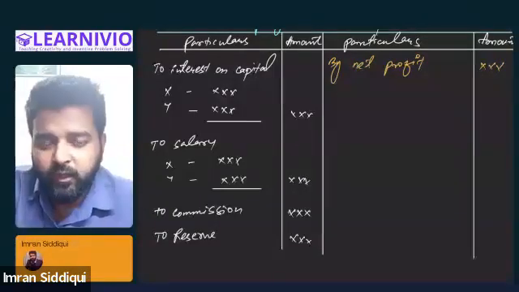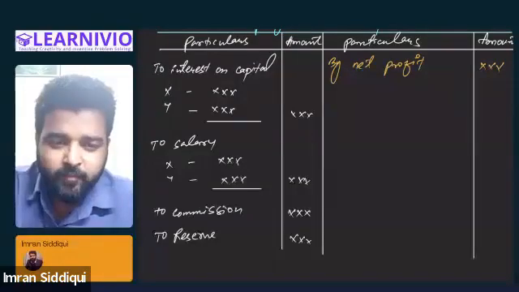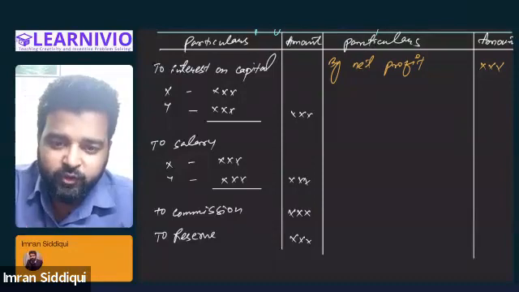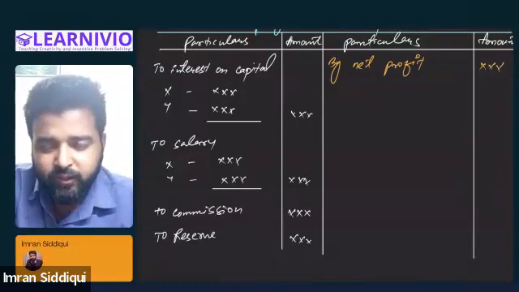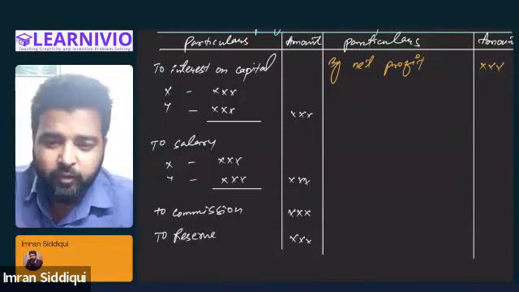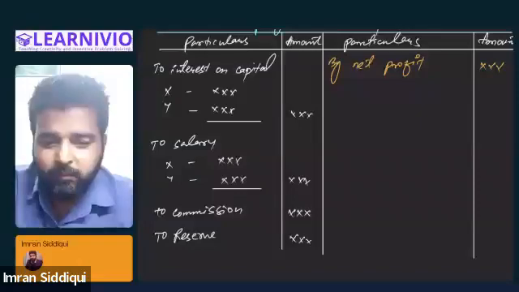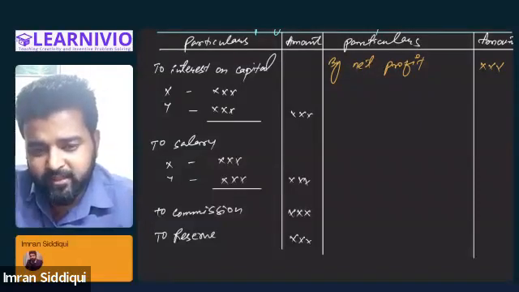Listen to me very carefully. Apart from this, if the firm has decided to keep a certain amount of profit as a reserve, that particular amount needs to be recorded on the debit side as well.